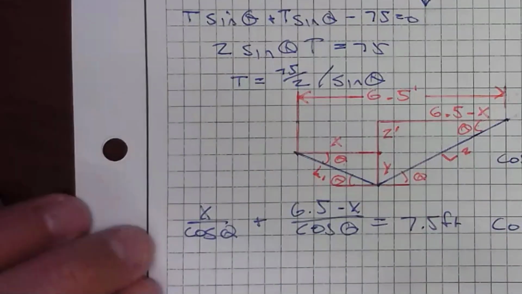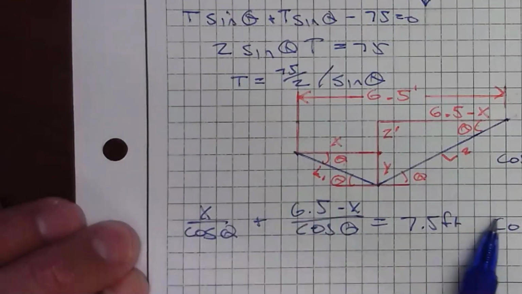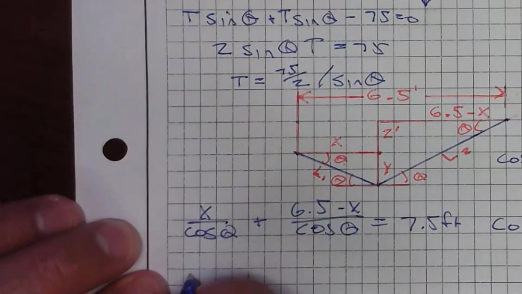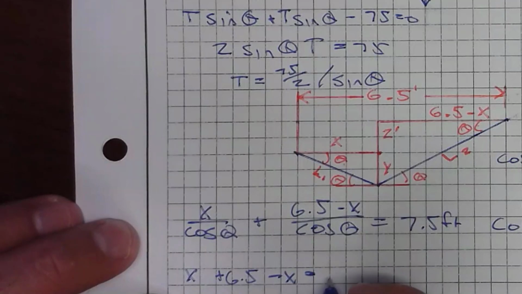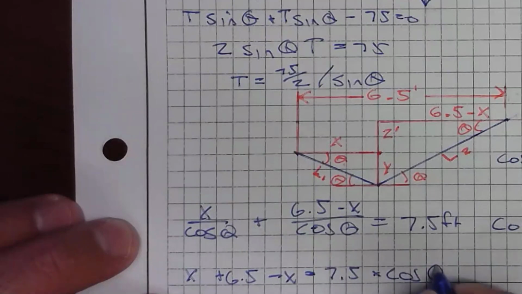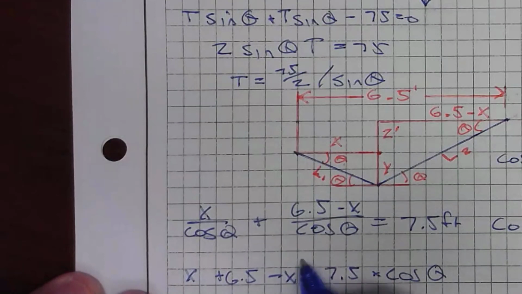All right. Now, to simplify this, we're going to multiply by cosine on either side. So we end up with x plus 6.5 minus x is equal to 7.5 times cosine of theta. Now, as you can see here, these terms drop out.